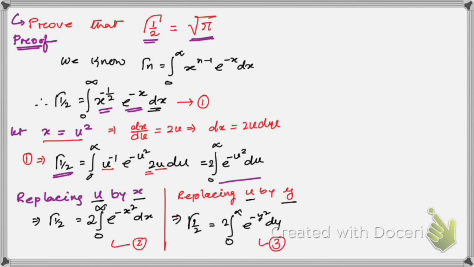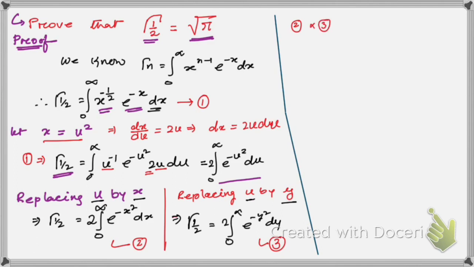So now you see, let us multiply these two equations. Now let us multiply equation number 2 and equation number 3.